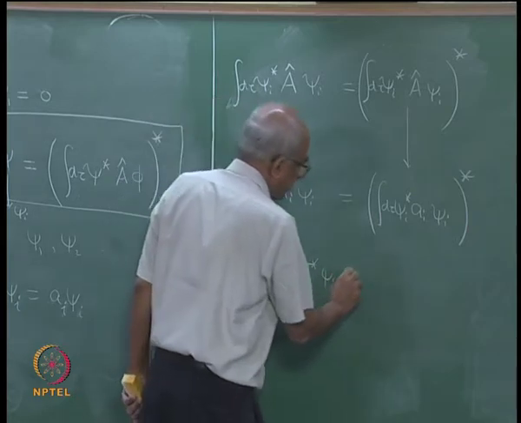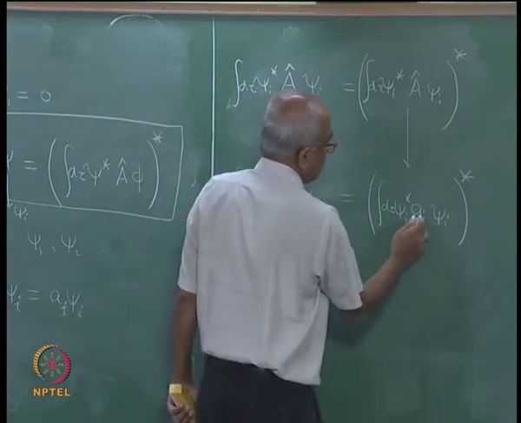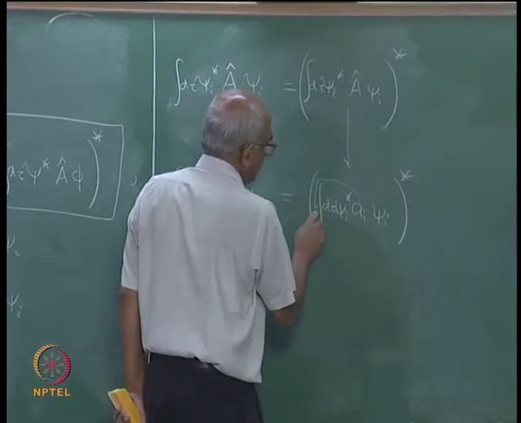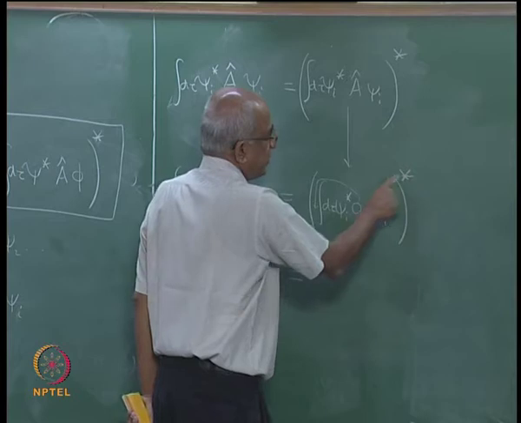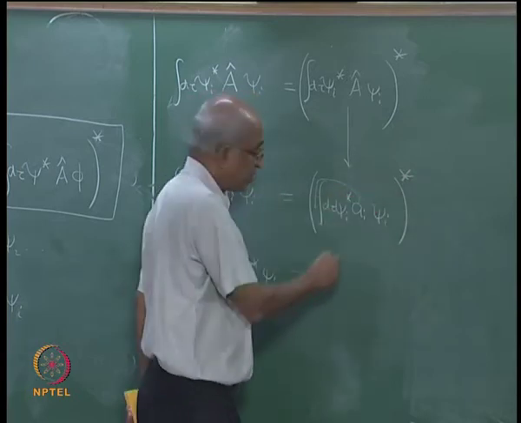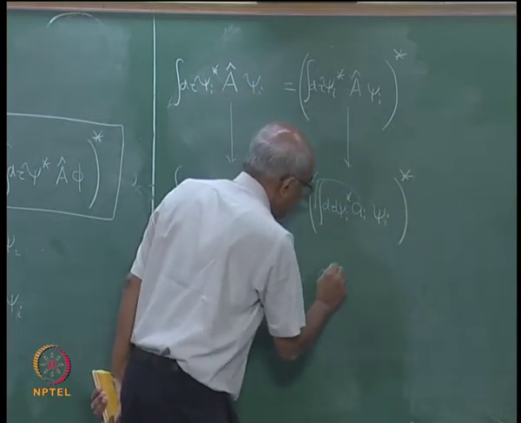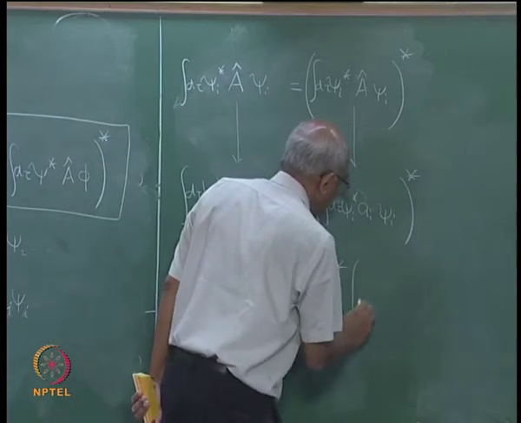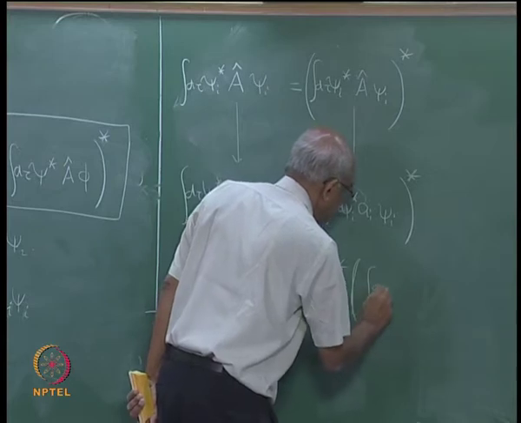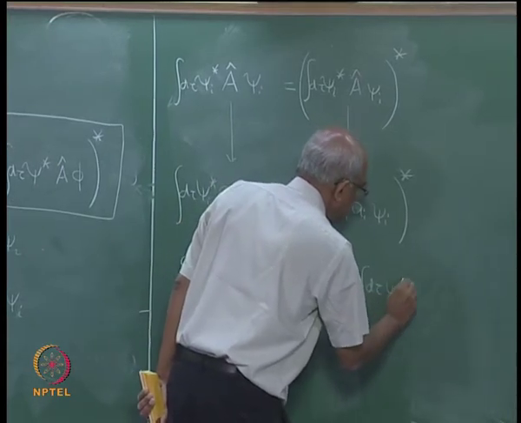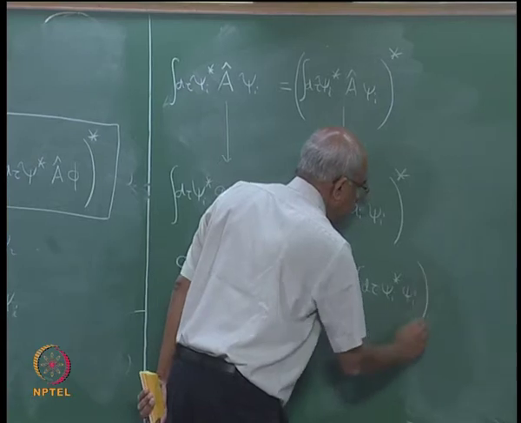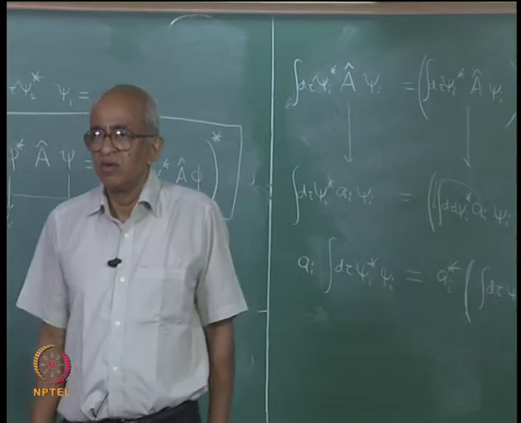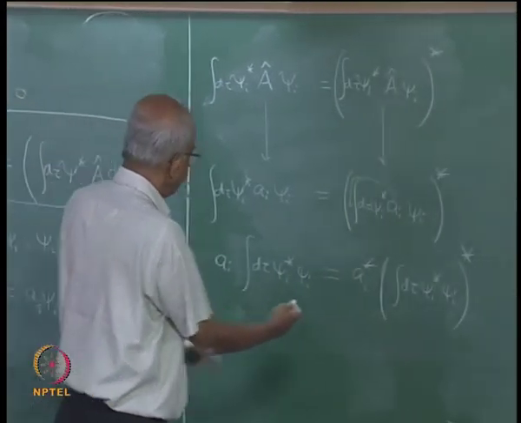And what will happen to the right hand side? See, this a I is a number, so I can just move it out of the integral sign, I will have it here, but then I have to take the complex conjugate. So, what will happen? I will have a I star, and what do I have left? I would have left integral dτ psi I star psi I, the whole thing complex conjugated, and this complex conjugation I can take inside if I like.